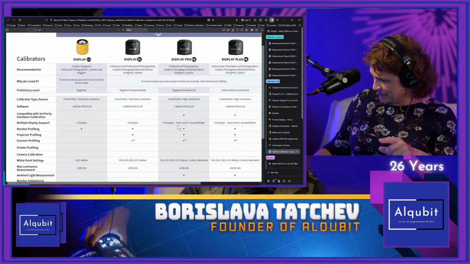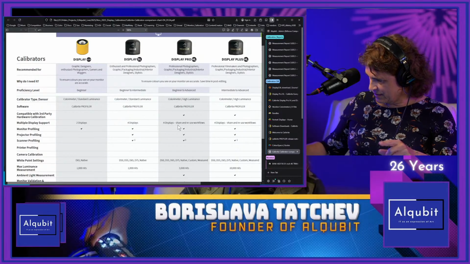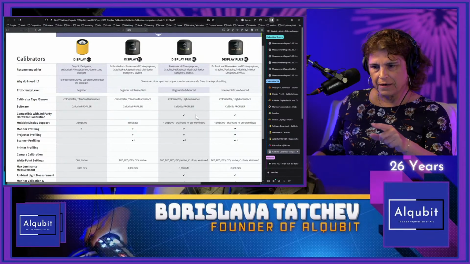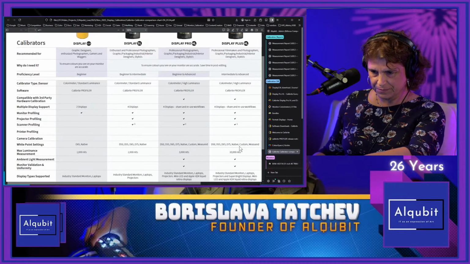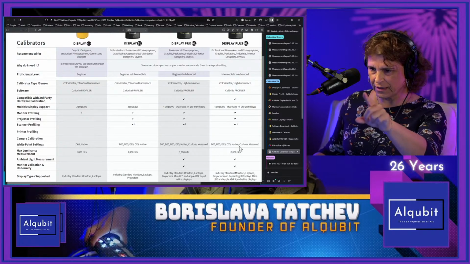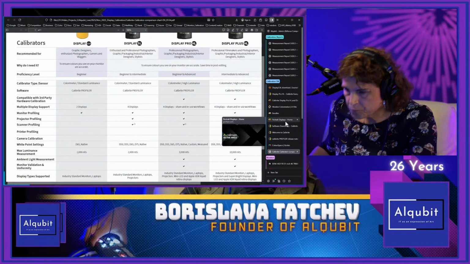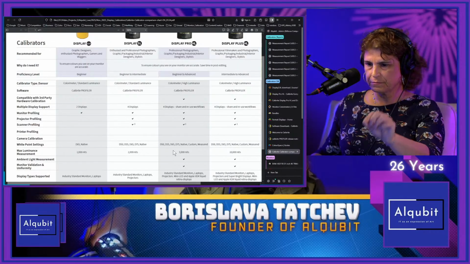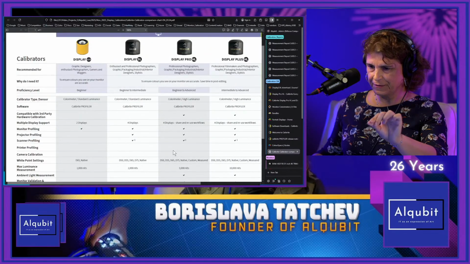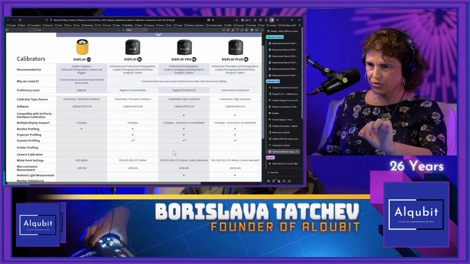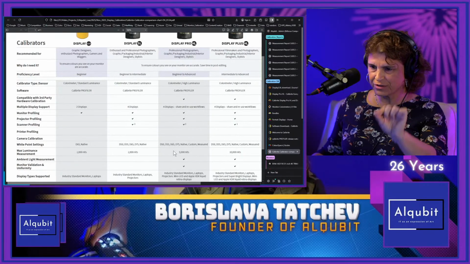Understand the level of those two levels. The one from Calman, their proprietary sensor, is 5000 nits.